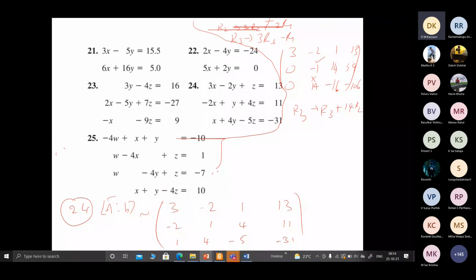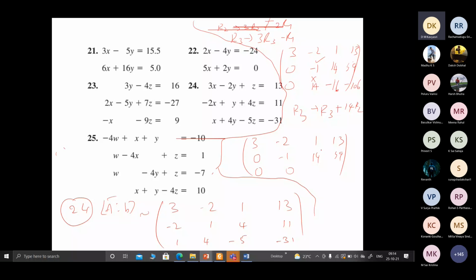Do that. What will happen? Remaining as it is: 3, minus 2, 1, 13; 0, minus 1, 14, 59; and 0, 0.